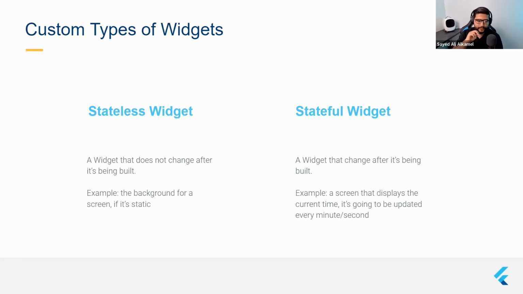For example, if you are going to show a widget displaying the name of the app, something that will never change, a stateless widget is a good fit. But if you are trying to build something like a timer, a widget that shows the current time by minute and second, you will use a stateful widget in this case.